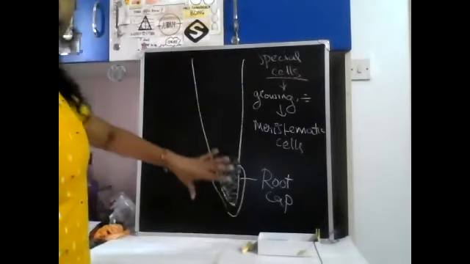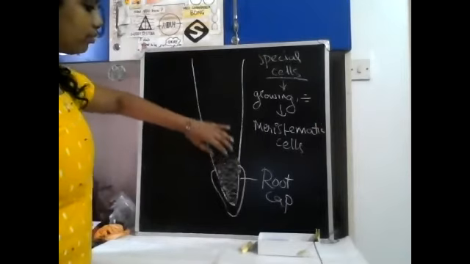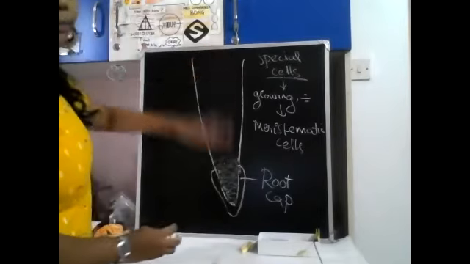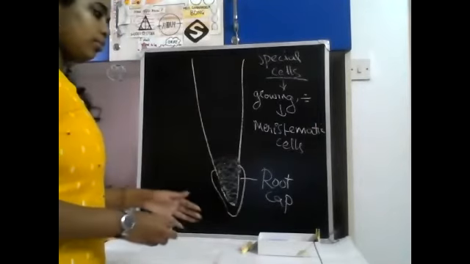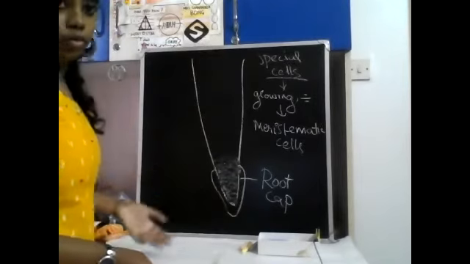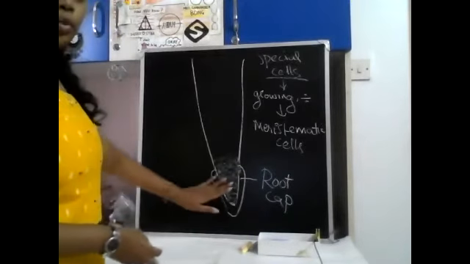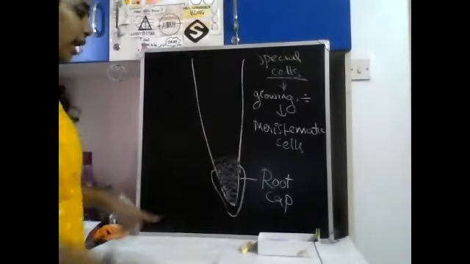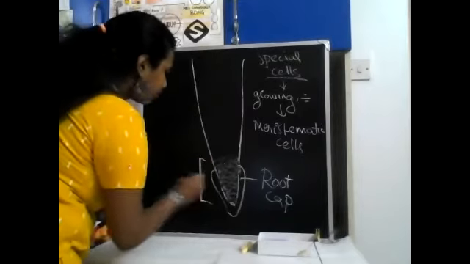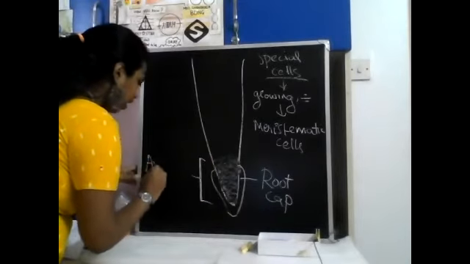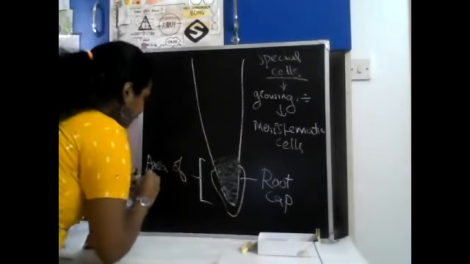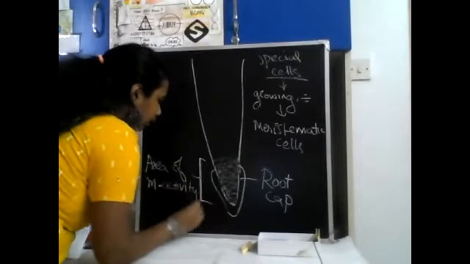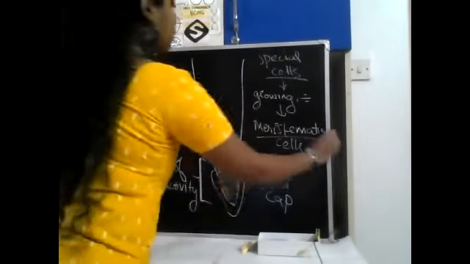So it is very vital because as this grows, the tip goes on growing like this and the older cells go upwards. Okay. So as it keeps growing, that is how the root itself grows. That is why it is very important to protect this tip over here, which is why we have a root cap. And this area is called area of meristematic activity. I will write M activity. M over here stands for meristematic.